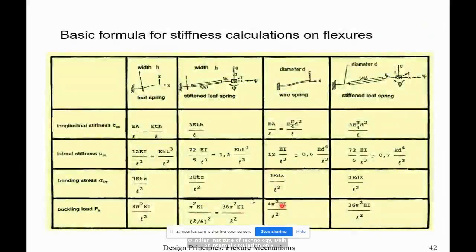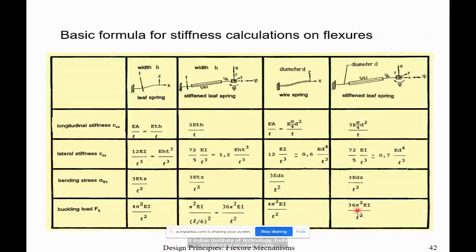So like longitudinal stiffness, lateral stiffness, bending stress, and buckling load. So these are the parameters we are looking at when you are designing. So general leaf spring, and this is stiffened, so reinforced. This is a wire, and this is also wire. So I think there is a mistake here. And then you can see how the buckling load has improved in each case.